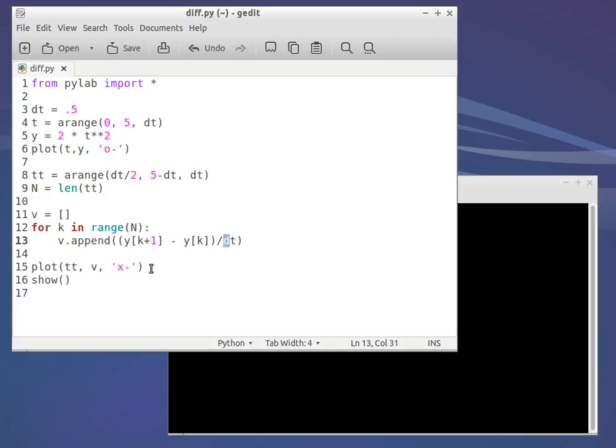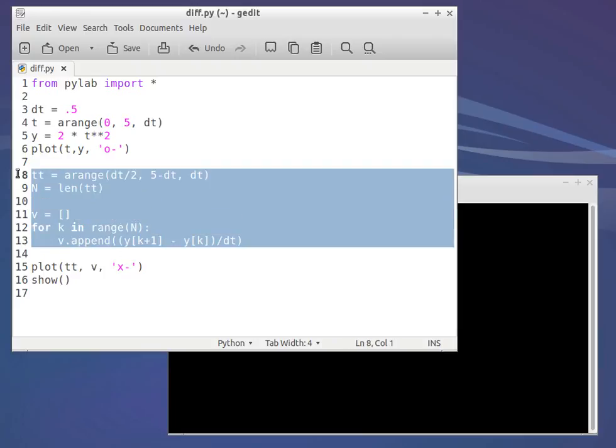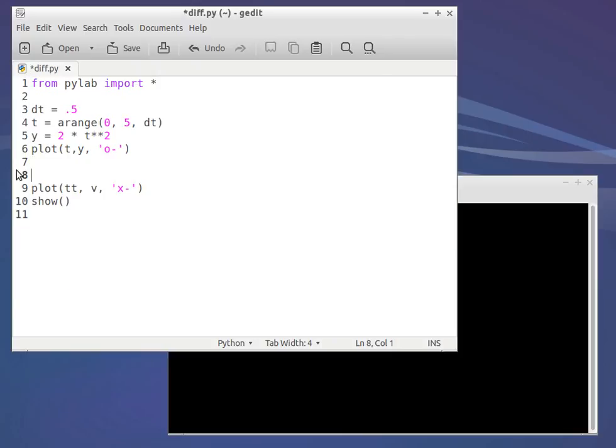But actually you don't need to do all this extra work. NumPy gives some functions to calculate the derivatives. All we need to do is say dy is equal to gradient of y, and you can also say that dt is equal to gradient of t.